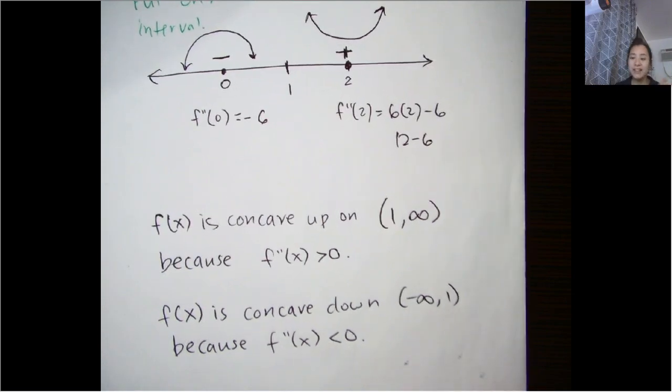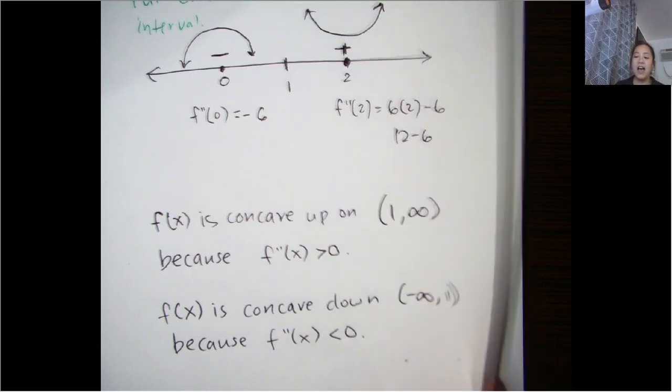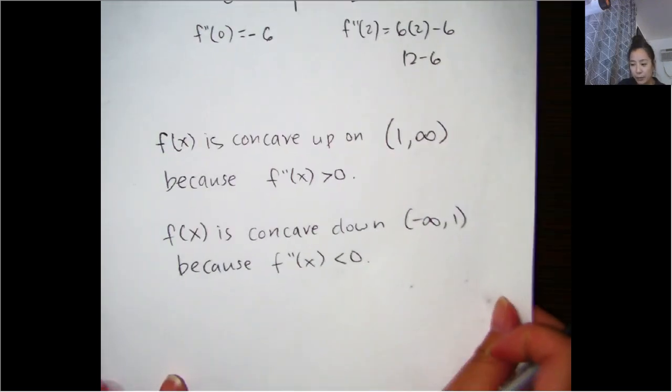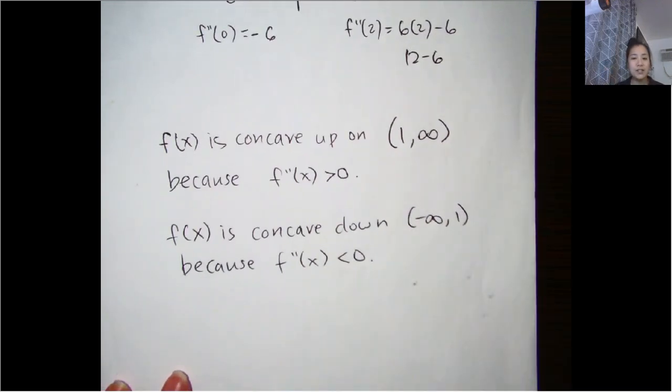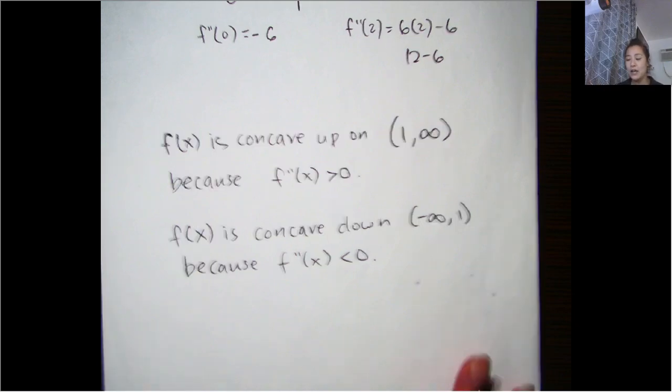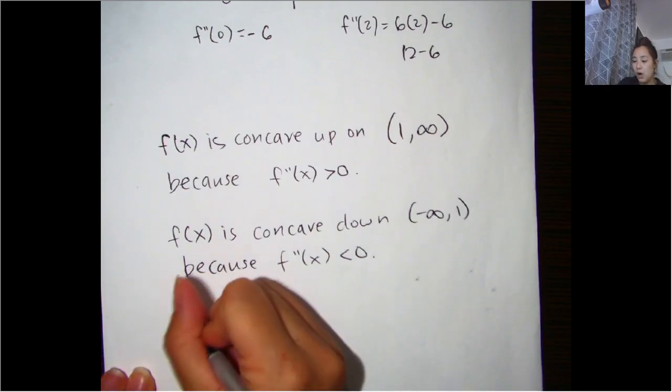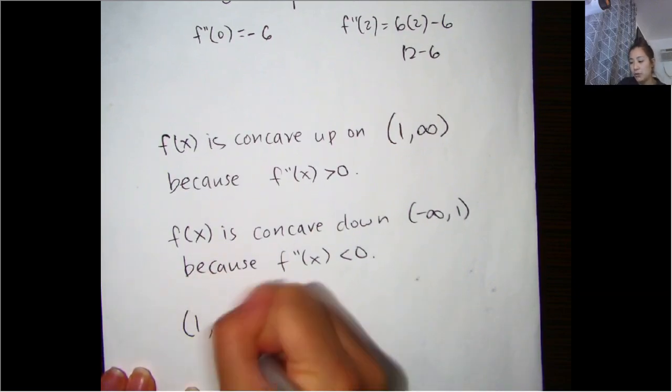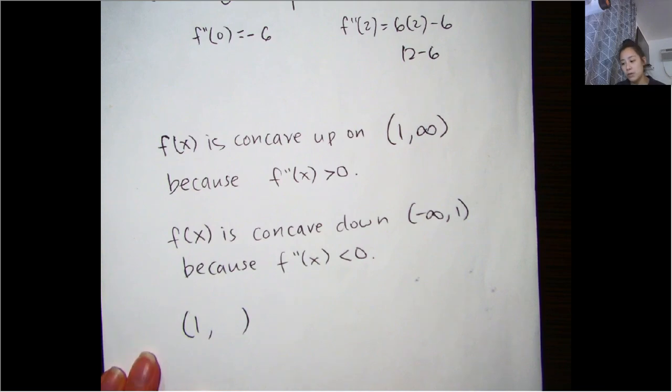I'm just going to add one little thing here. So x equals 1 is a very special point because that's where f of x changes concavity. What we call this very special point is a point of inflection. So x equals 1, and we're going to find the actual point. We'll plug 1 into the original function.